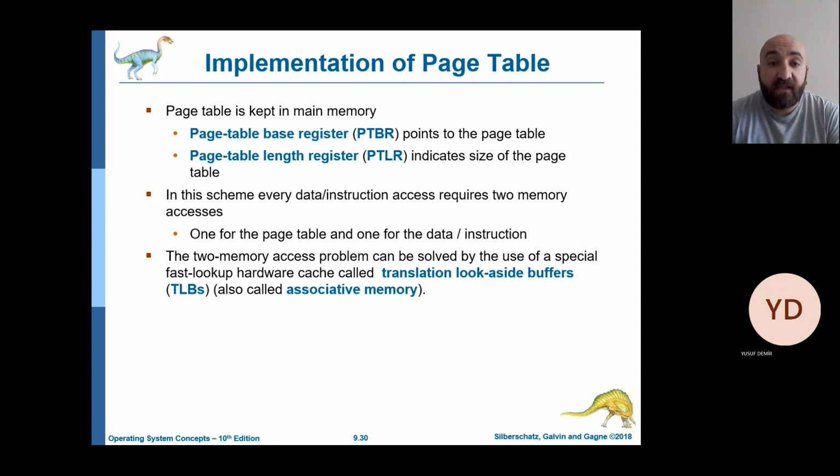When the associative memory is presented with an item, the item is compared with all keys simultaneously. If the item is found, the corresponding value field is returned. The search is fast in the TLB. A TLB lookup in modern hardware is part of the instruction pipeline, essentially adding no performance penalty.